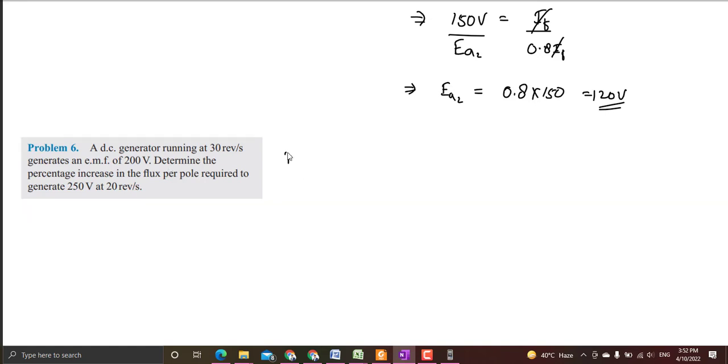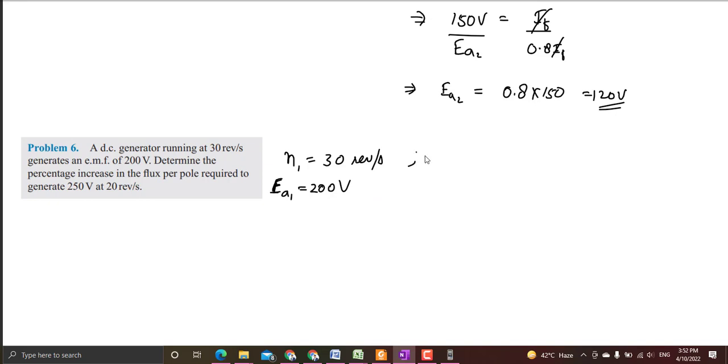Let us write N1 is equal to 30 revolutions per second, and the generated EMF EA1 is equal to 200 volt. Determine the percentage increase in the flux per pole required to generate 250 volt at 20 revolutions per second.